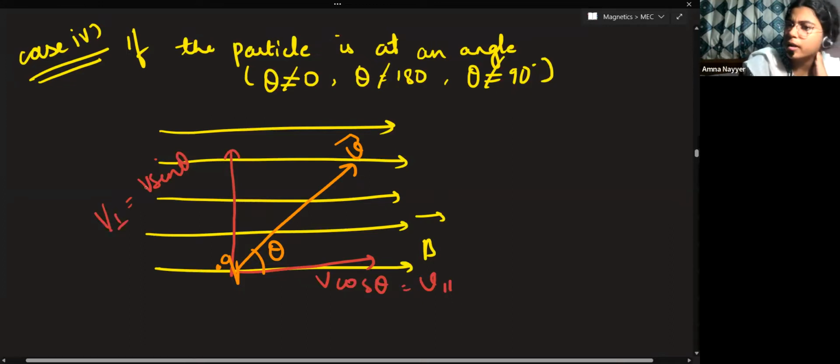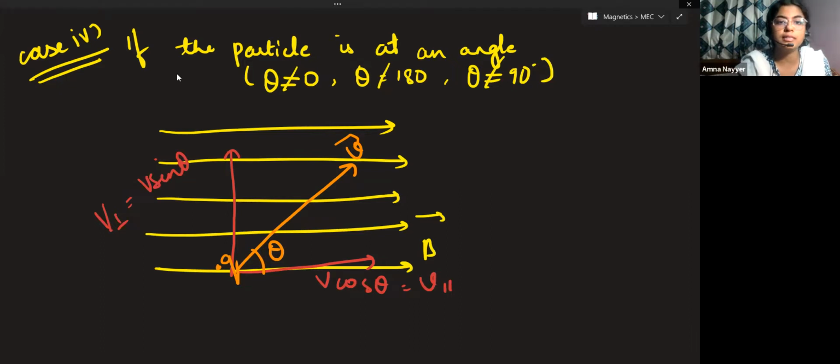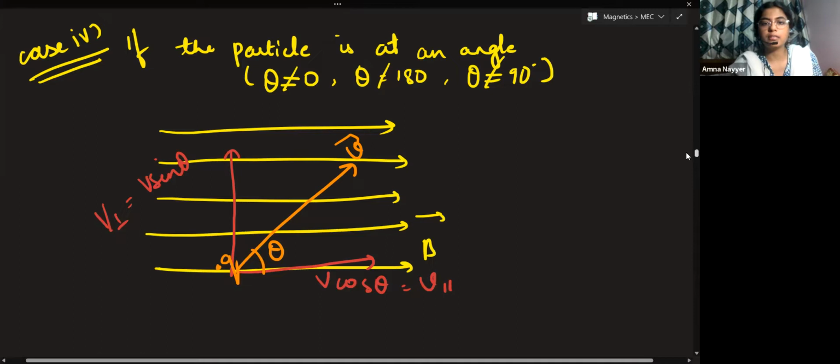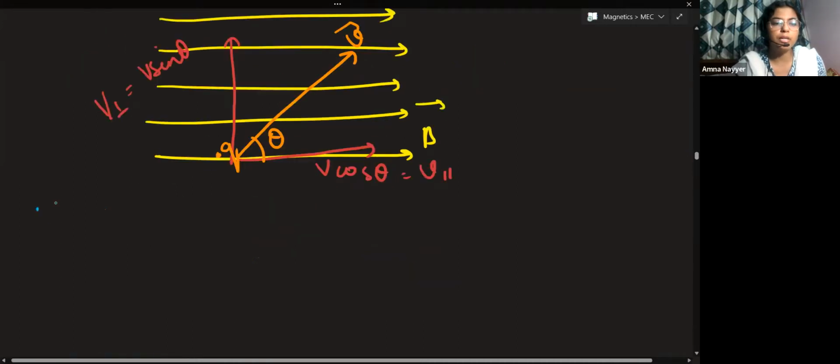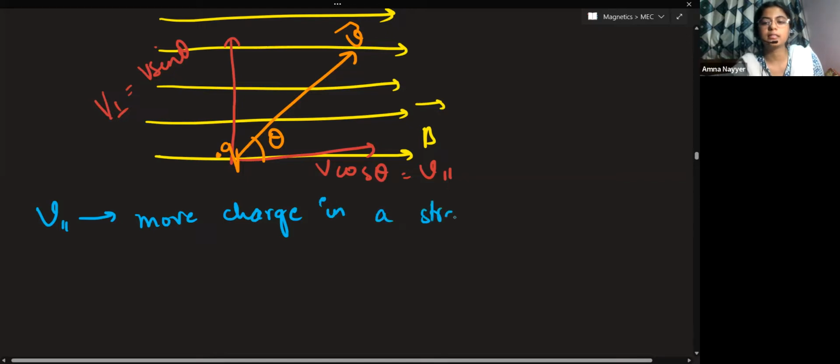Now, motion of the charged particle. What will be the role of the velocities? Two velocities are there. The parallel velocity, this parallel component V parallel, will move the charge in a straight line. While V perpendicular will do what?